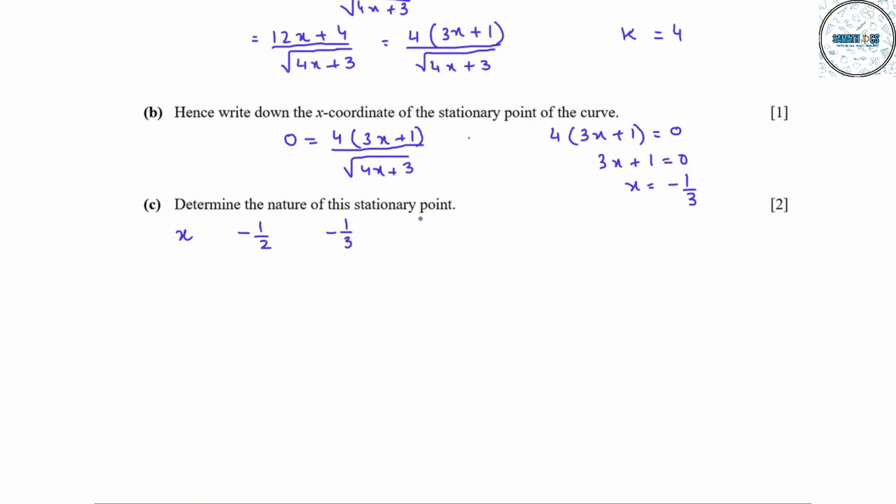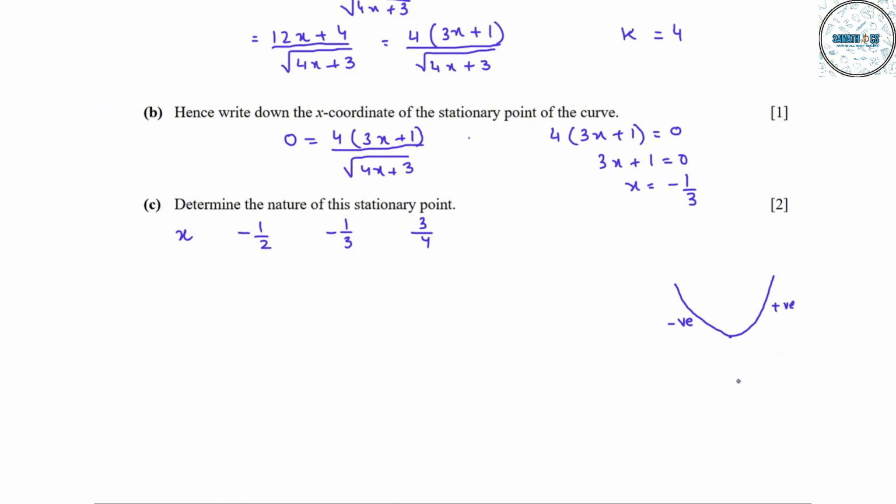Because we know if the stationary point is a minimum, on one side the gradient of the curve would be negative, and on the other side it would be positive.